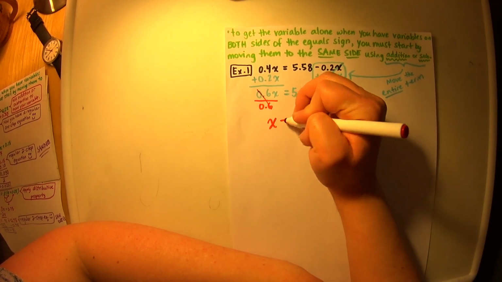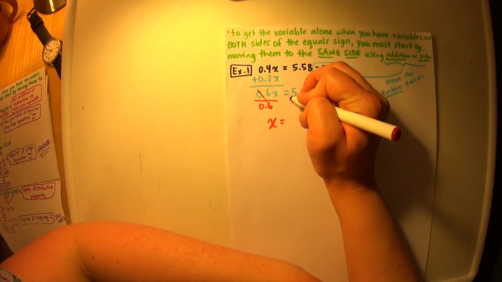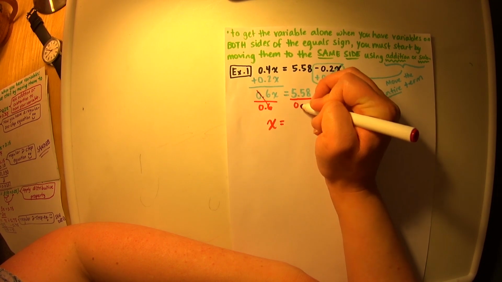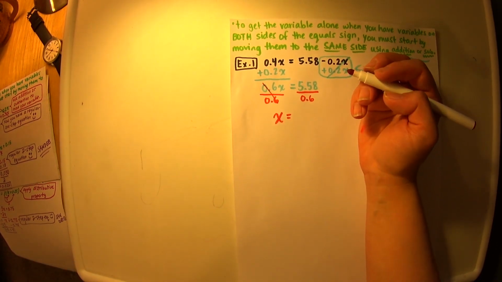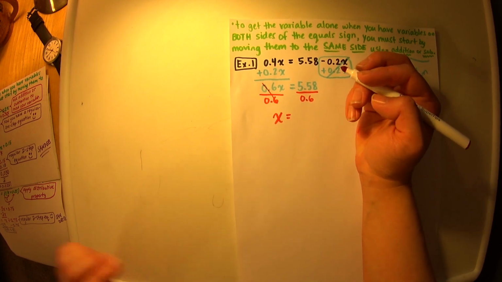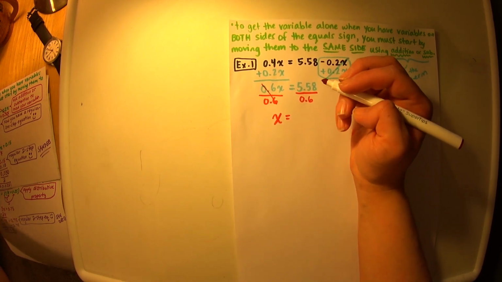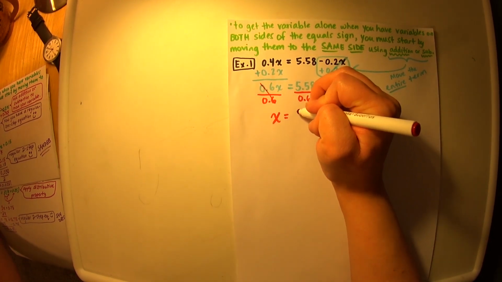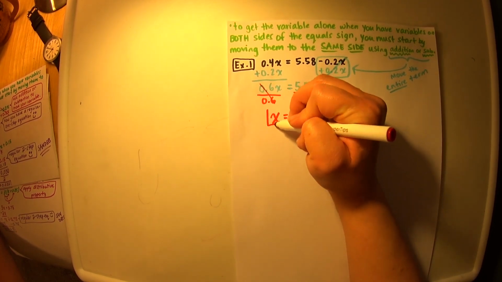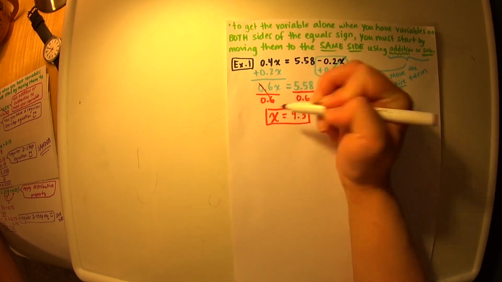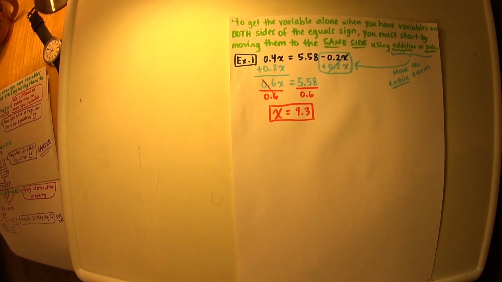That's what I want. But what do I have to do to the other side? Always the exact same thing, divide by 0.6. So I can just type that into my calculator. 5.58 divided by 0.6 equals 9.3. Box it up, nice and neat. Final answer. And that's it, I solved it.